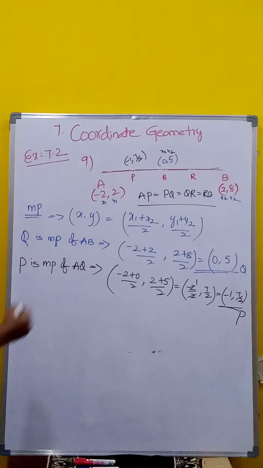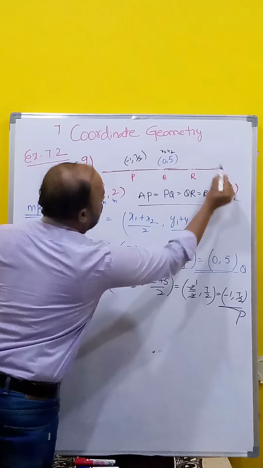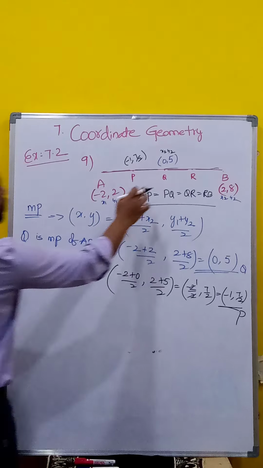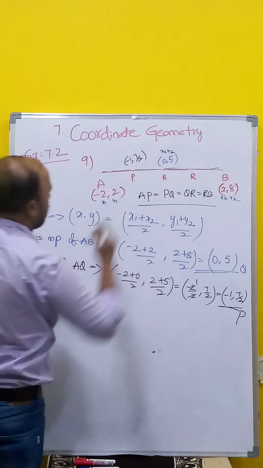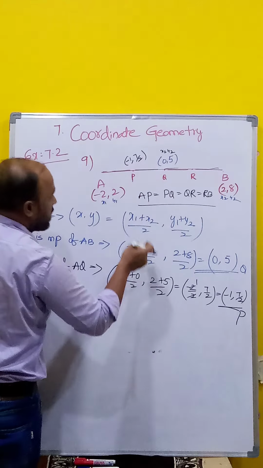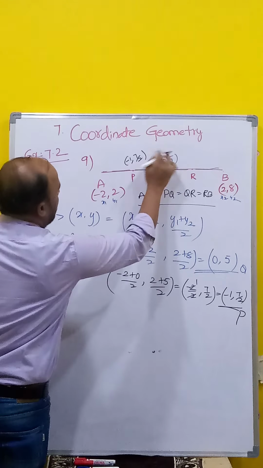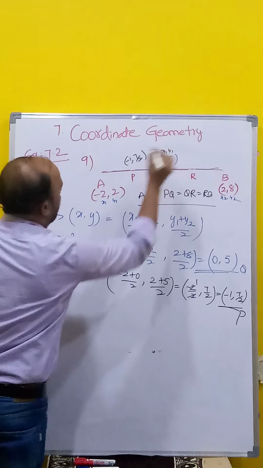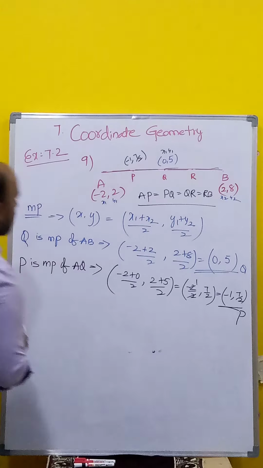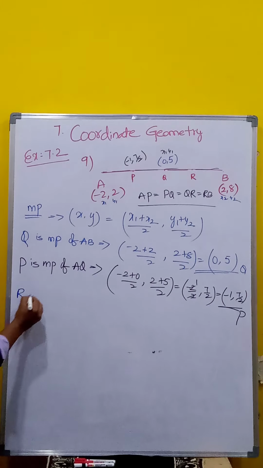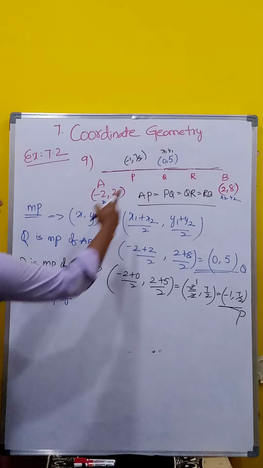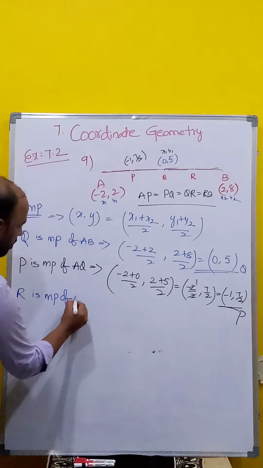Now observe here. R is the midpoint of QB. The Q value we know and B also we know. Apply here. When you are using the midpoint formula, you can take this as x1, y1 and this as x2, y2. R is the midpoint of QB.